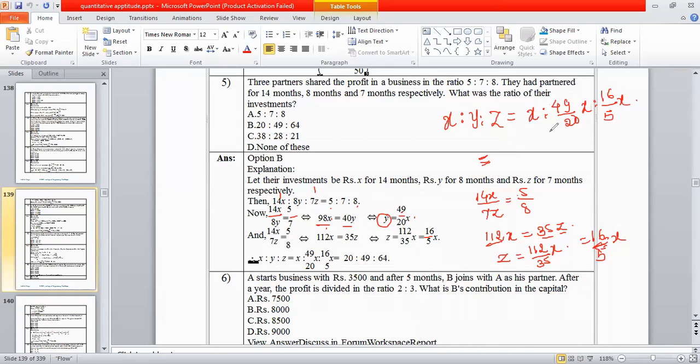So by taking this, 1 is to 49 by 20 is to 16 by 5. It will be 20 is to 49 is to 64 by making denominators the same. So it will be 20 is to 49 is to 64. That will be the ratio of their investments.